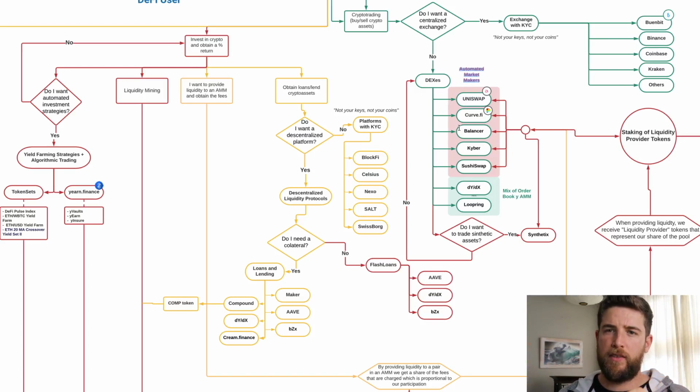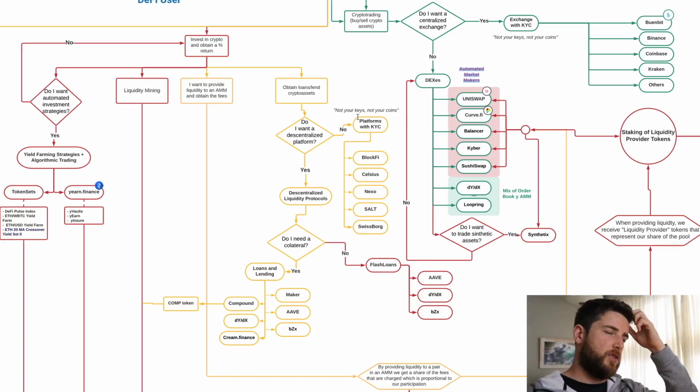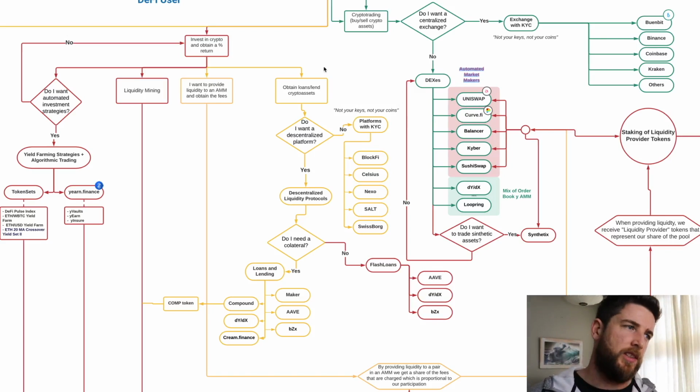Someone who has, for example, DAI and wants to trade it for ETH can go to that bag of money and do the trade, and the money that the trader gets is the money that the liquidity provider put in. So the liquidity provider has an incentive of getting the fees of those transactions, right? So that is one thing that you can do in DeFi.